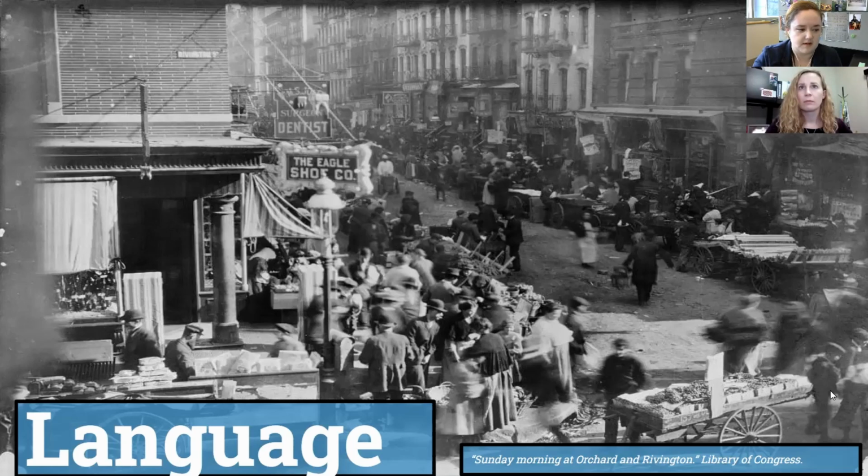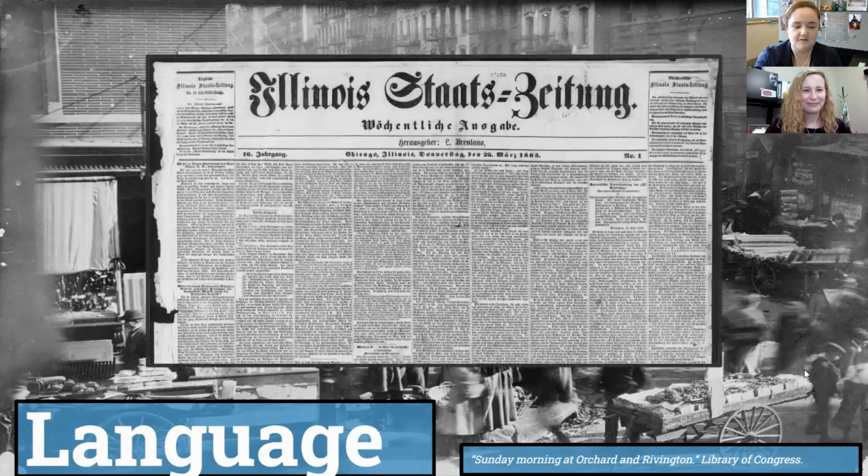And I'm glad that you brought up newspapers, Allison, because an example of a newspaper, the Illinois Staats-Zeitung. So you're going to have dozens of these immigrant American newspapers, right? There are so many iterations of the Staats-Zeitung in many places. There's one in Louisiana. There's certainly one in New York, one in Alabama even. So this is a German American newspaper, and they're a lot of fun to find. I did put a link in the handout to the U.S. Newspaper Directory that is on the Library of Congress's website.